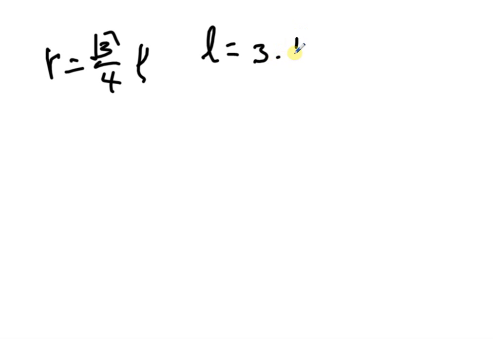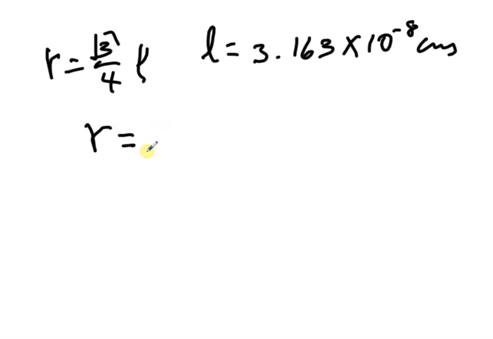Okay, so we said r is equal to the square root of 3 divided by 4 l, and remember that L we just found out is equal to 3.163 10 to the negative 8 centimeters. If we put that in there, I get that the radius is about 1.369 10 to the negative 8 centimeters.